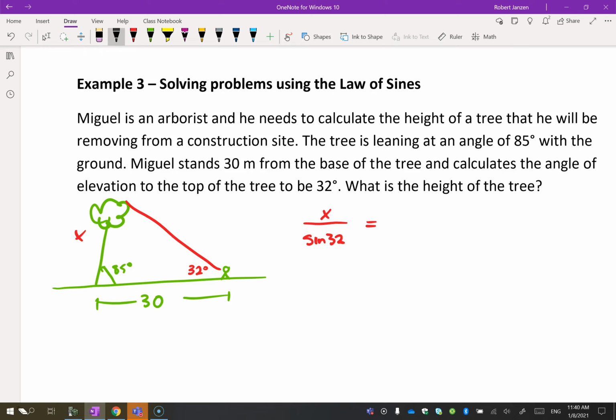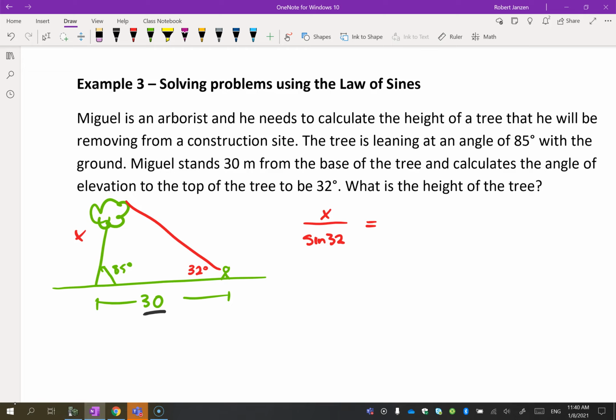Looking back on our picture, I have this side, 30. Do I have its angle? I don't. So then I look at this angle, and do I have its side? I don't. So this is a bit of a problem. What do I do?